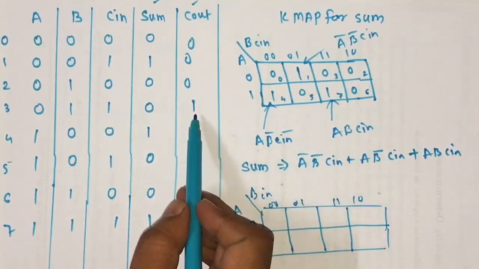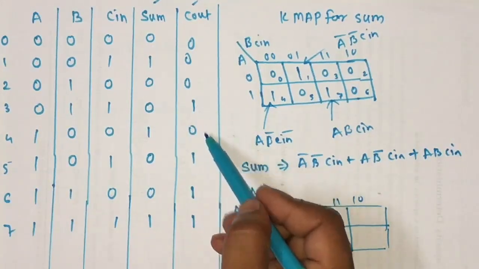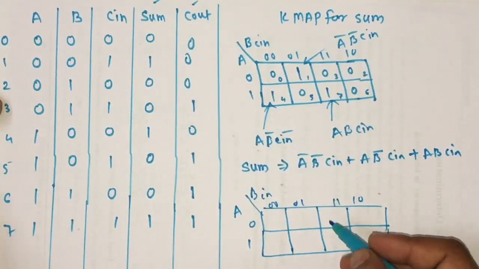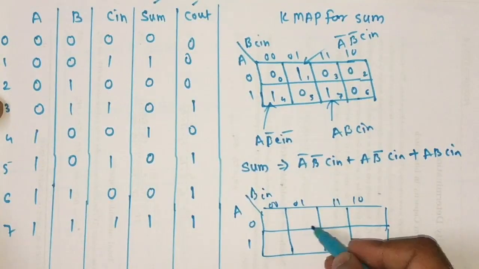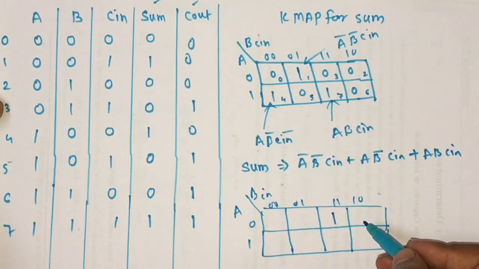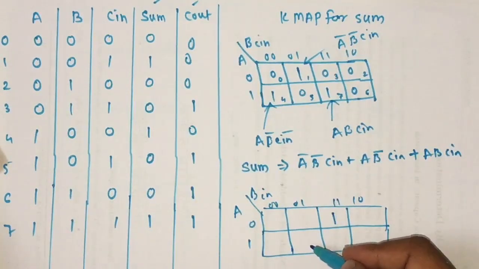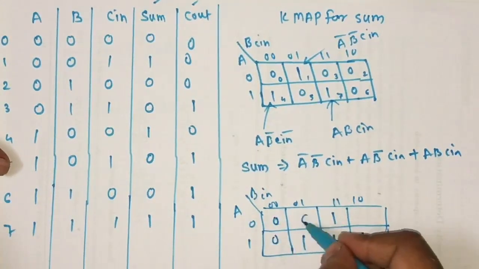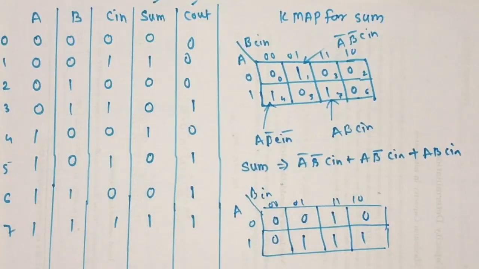So for carry, find out where the 1 is. For the M3 term, 3 is here. After that 5 is here. Then 6 and 7, remaining are 0 0.